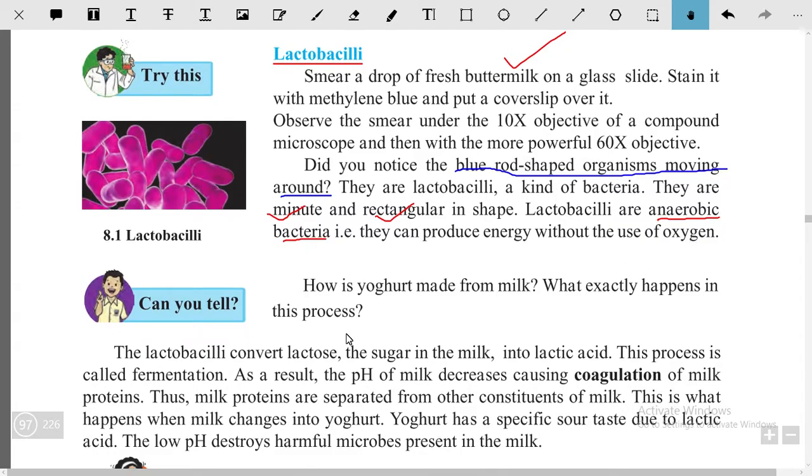Now see, can you tell, आपण सांगू शकतो का, how is curd made from milk? What exactly happens in this process? दुधापासून दही, how to make, and what exactly happens during this process?